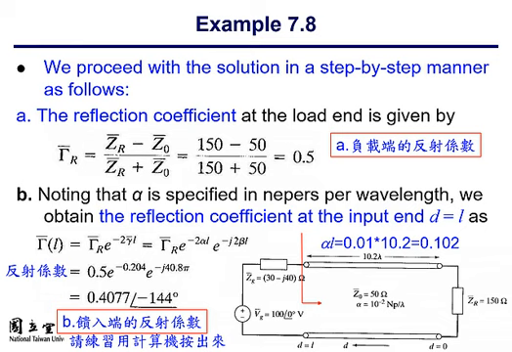So the second term involves the phase change only, and the reason why it says the length is 10.2 wavelengths actually suggests that you need to calculate only 0.2 wavelengths, because the 10 wavelengths part corresponds to 20 times 360 degrees. So you don't have to calculate that.